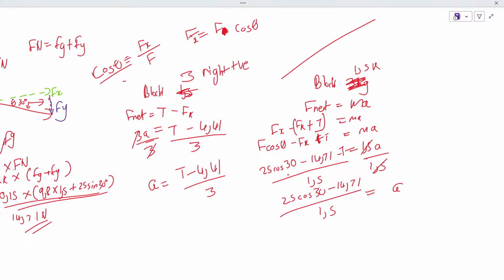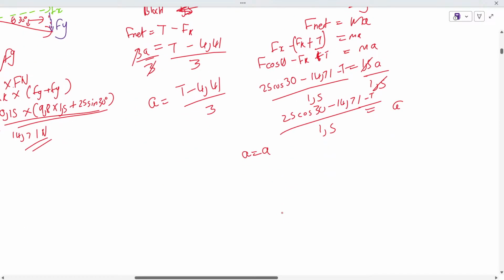In both equations, because our a is the same, because they are connected by a string, it means that the acceleration is the same. A equals to a. We just equate now.